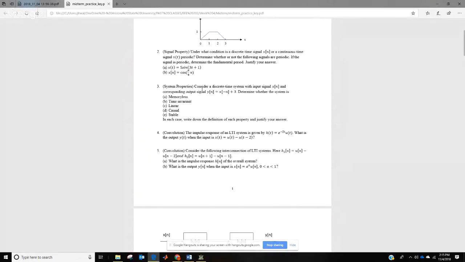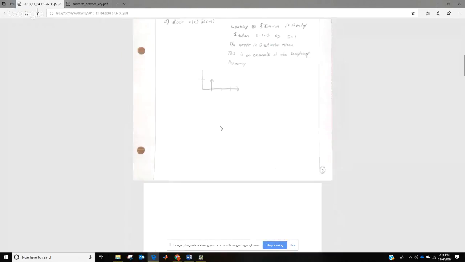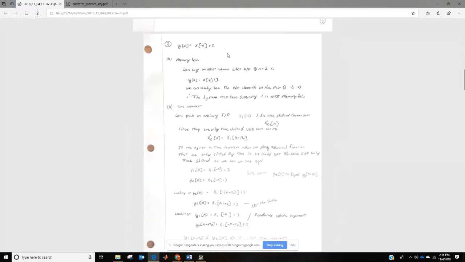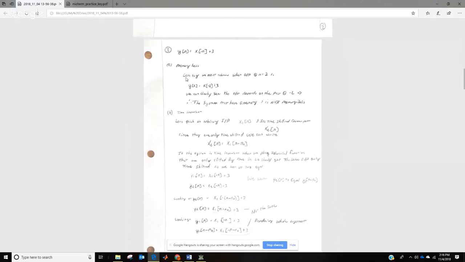So we're asked to consider the discrete time input x of n, with corresponding output signal y of n equals x of negative n plus 3, and determine whether the system is memoryless, time invariant, linear, causal, stable. In each case, we're supposed to write down the definition to justify our answers. So the first one we want to look at is, is it memoryless? Well, let's just say we put the input in of n equals 2.